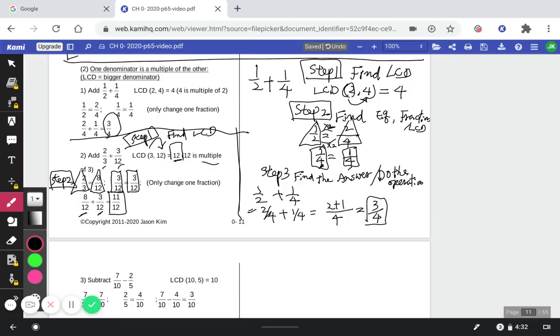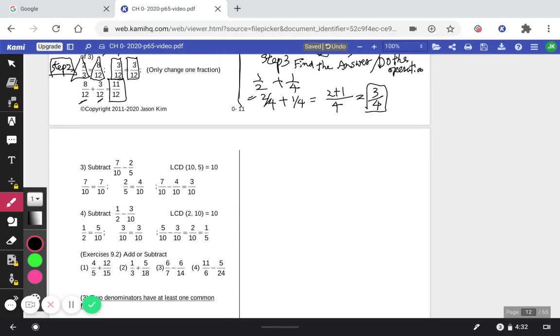Okay. Same thing with the subtraction. When you do 7/10 minus 2/5, the LCD of 10 and 5: 5 goes into 10 completely, so the LCD becomes 10. So that was step 1, find the LCD. Now step 2 is to find the equivalent fraction with the LCD, which is in terms of 10. The first one is already in terms of 10, so 7/10 equals 7/10.